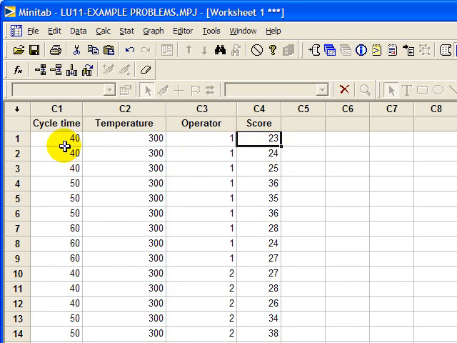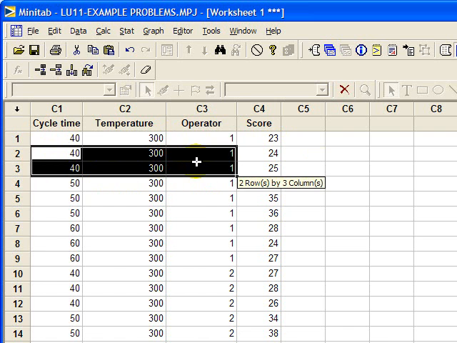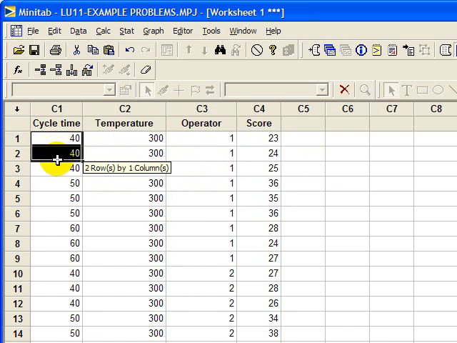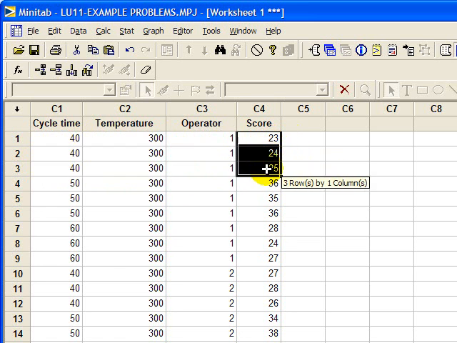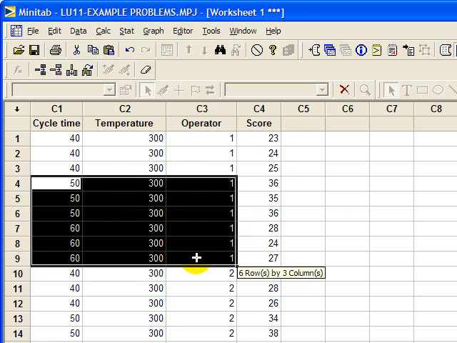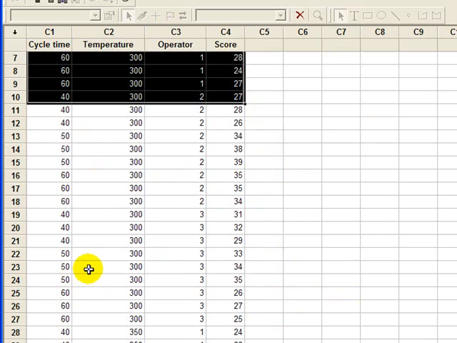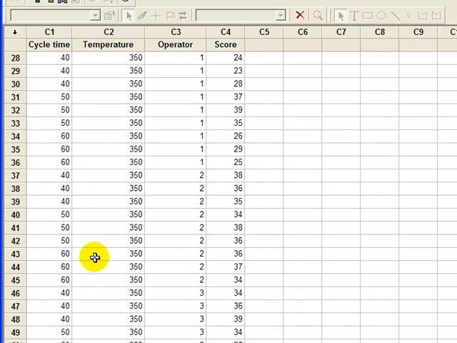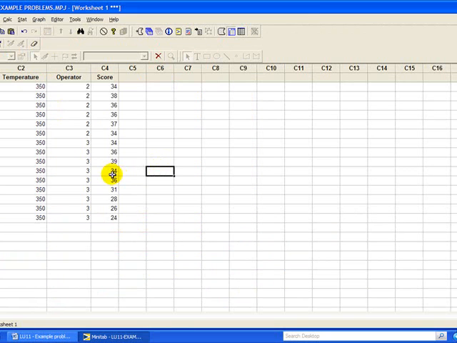And you see that I repeated these values two more times, because there are three experiments performed at each combination. So for these three replicates, I have listed scores here. Similarly, you can fill the rest of the table. As you can see, there are almost 54 total number of rows, right?